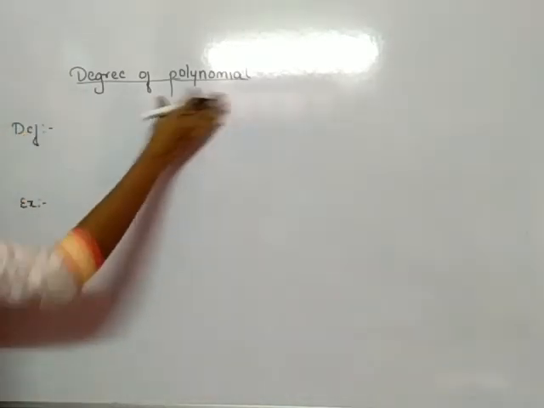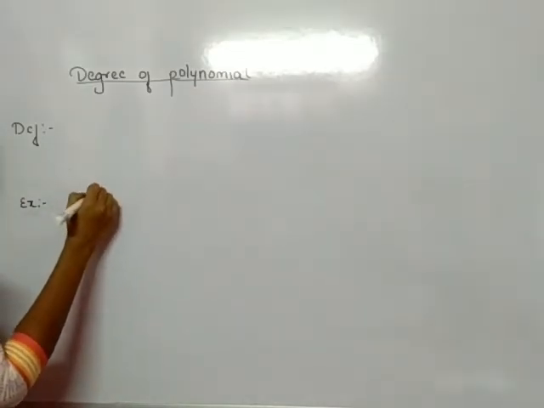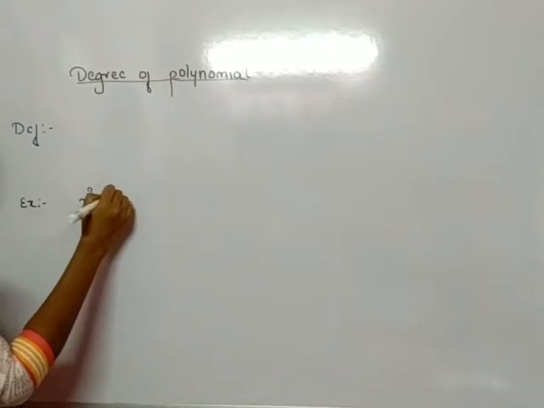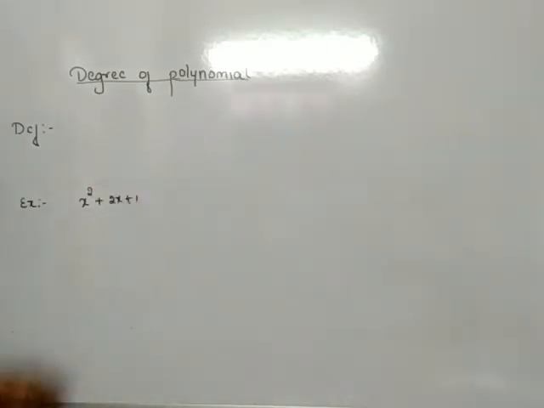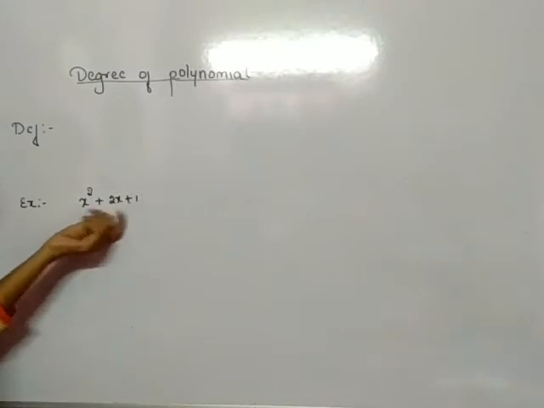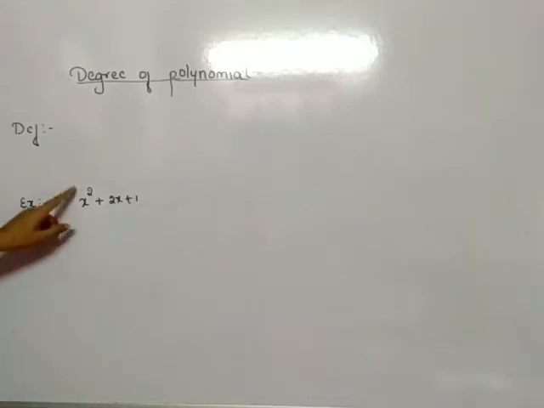Here I am going to take one polynomial, that is x squared plus 2x plus 1, right? We can say that this is the polynomial. The degree of this polynomial is nothing but the highest power of the variable. The highest power of the variable is called the degree of a polynomial.